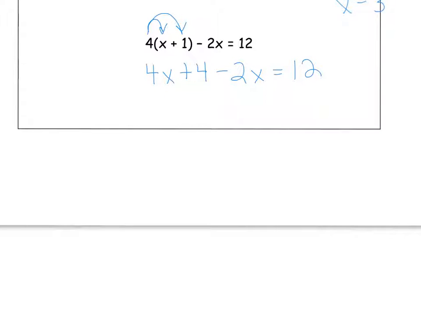Now I'm seeing that my x terms are both on the left-hand side, but they're separated. So I have to commute to put them together. So I'm going to move 4x minus 2x to be together in the front. I'll move 4 as the last term over here, and then I'll come and write equals 12.